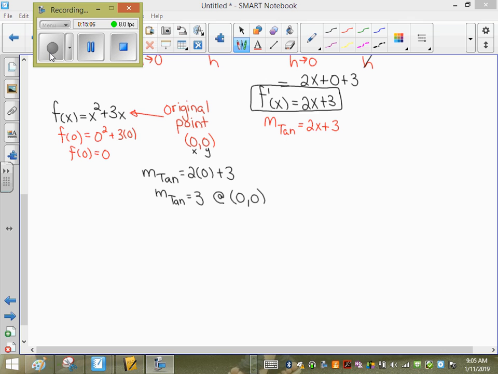So right now, we're just going to sketch these from our calculator, so that I can show you that the slope at 0, 0 to make it tangent is 3, to prove that it's correct. So we know we have a minimum for this particular graph. And it's at negative 1.5 and negative 2.25.